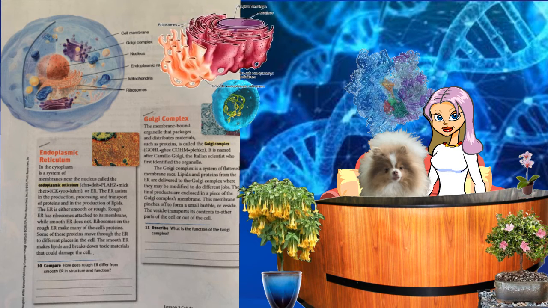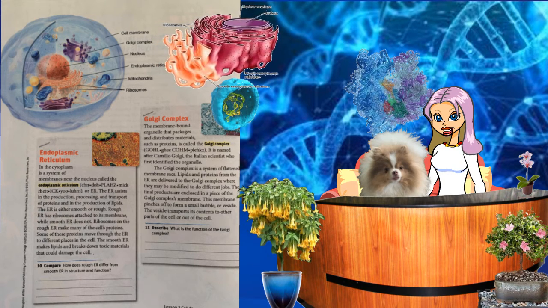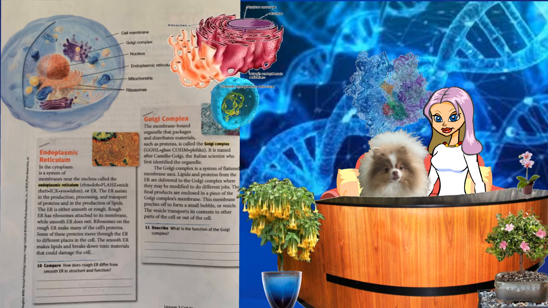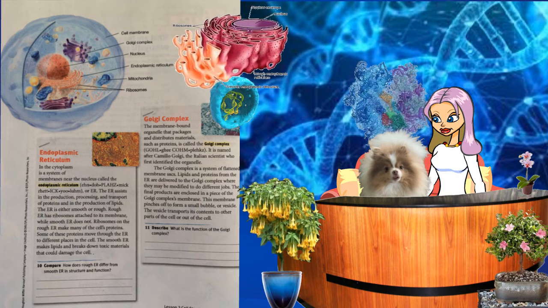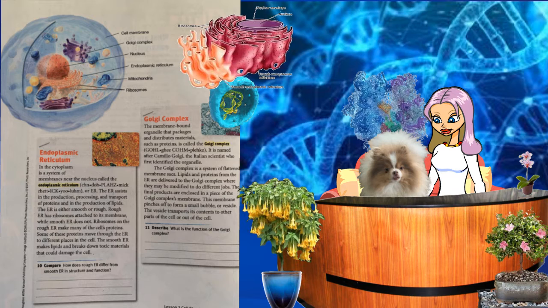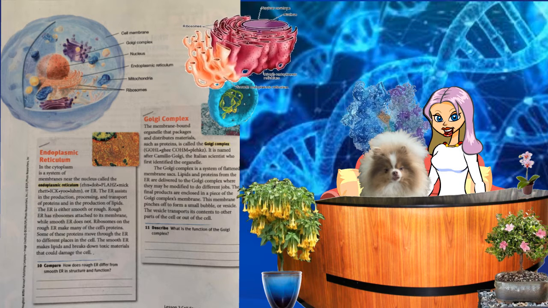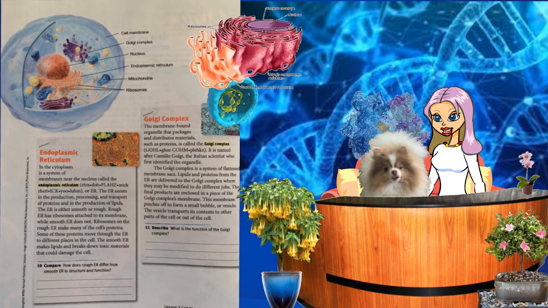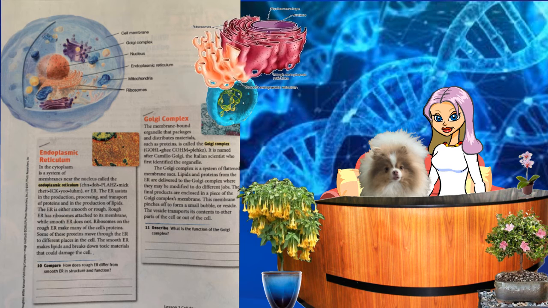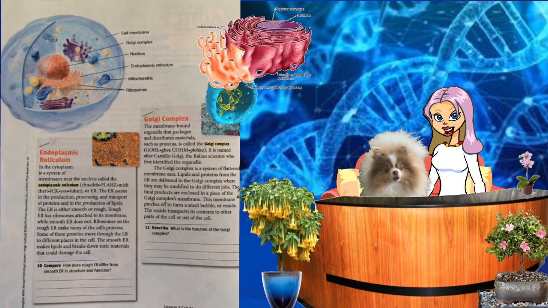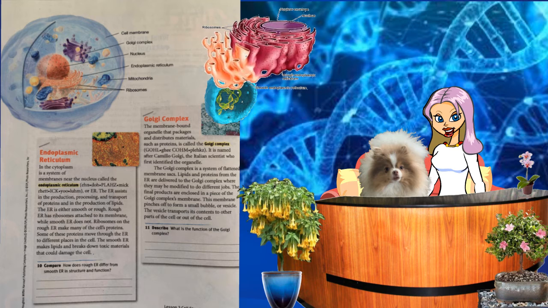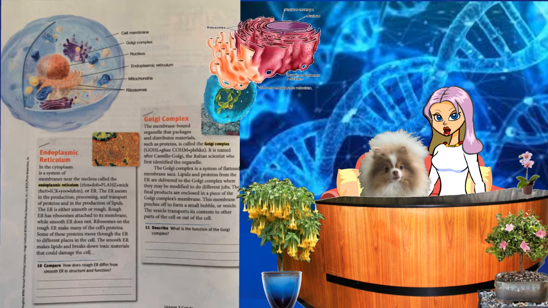Some of these proteins move through the ER to different places in the cell. The smooth ER makes lipids and breaks down toxic materials that could damage the cell. Compare, how does rough ER differ from smooth ER in structure and function?